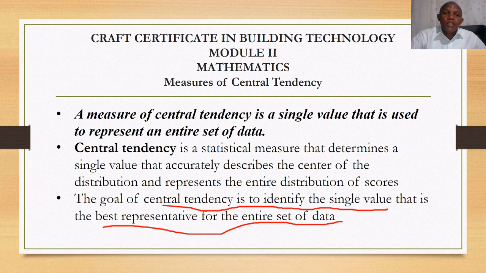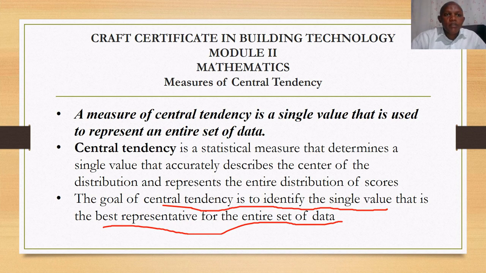And so basically we're saying that a measure of central tendency is a single value that is used to represent the entire set of data, as you can see. We just want to identify the single value that can best be representative of the entire data.